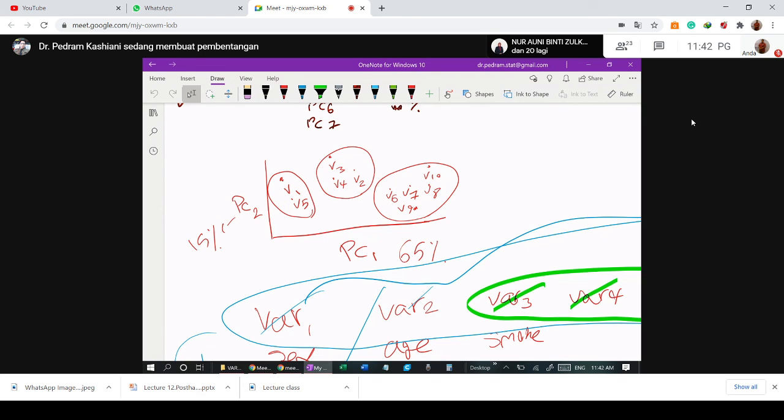For example, in UPSI, I gather the data from the students. Then I can group the students into 4 groups, for example: Malay, Chinese, Indian, and Middle Eastern students.